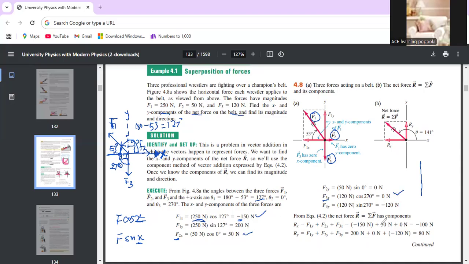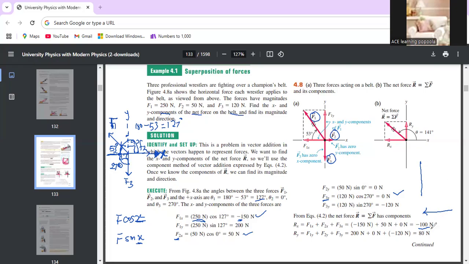So they are all added together as is: minus 150 plus 50 plus 0. And in the y direction as well, they're all picked and added together. So we have this. Now, this in the x direction is negative. As you can probably tell, it means this vector is going to be in the left direction, okay?